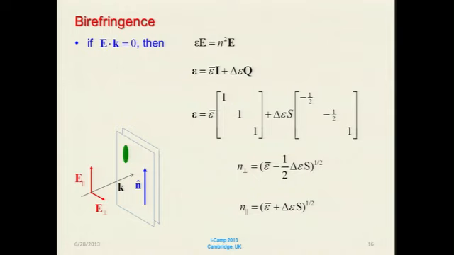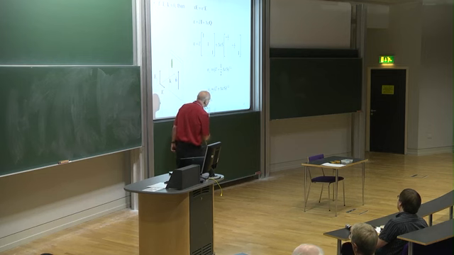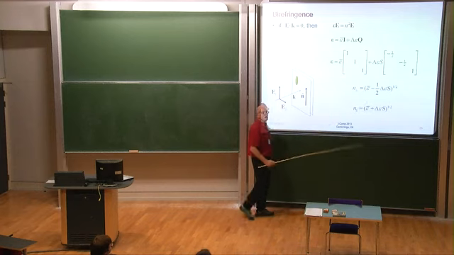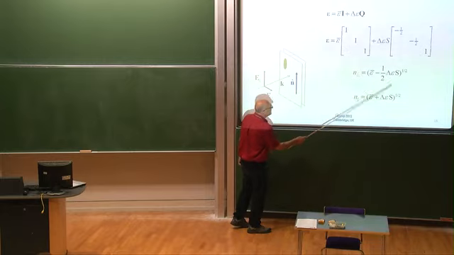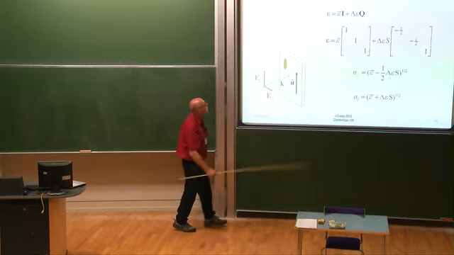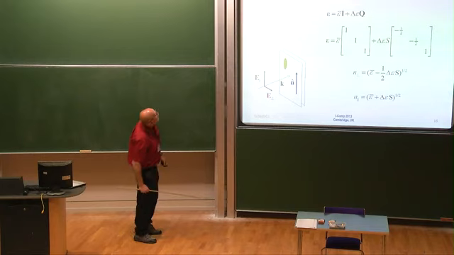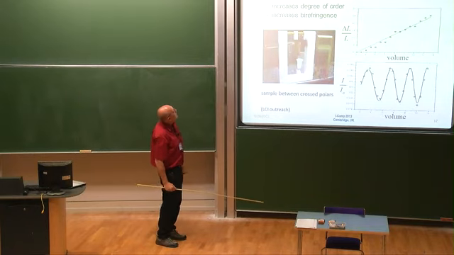And then if you just solve this equation with this epsilon, then you find that you get two values of the refractive index for the electric field parallel to the director or perpendicular to the director. So the greater the order, the greater the difference between these two. In the isotropic case, these things disappear and these two become the same.